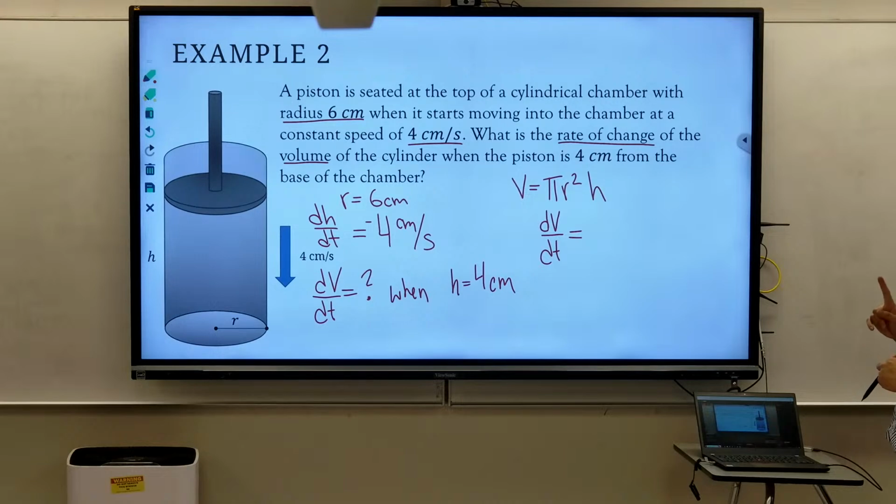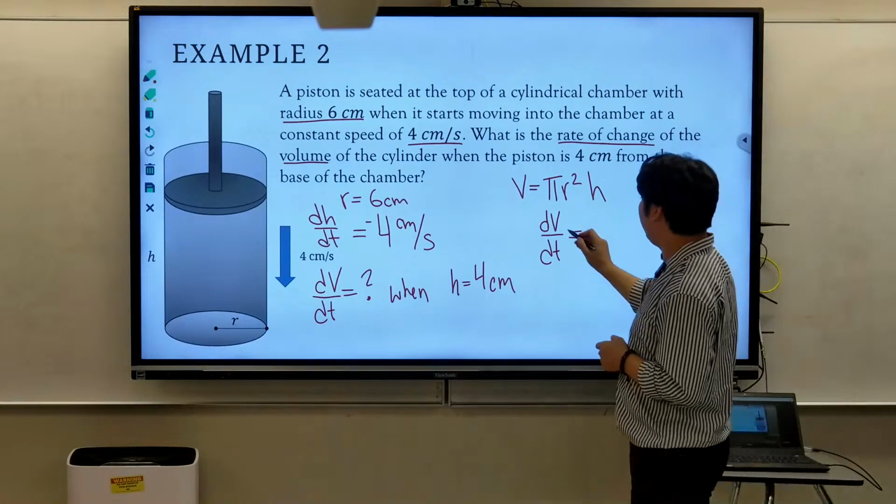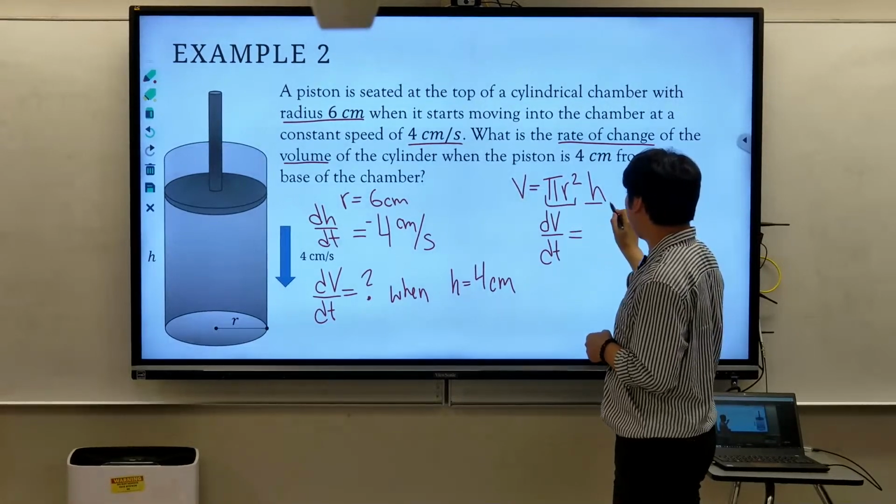Well, we do have to be a little bit careful. First thing, on the left, derivative of V, we should write dV/dt on the left. I have pi r squared times the height. Do I know anything about taking the derivative of something times something? We have a special rule for that. Yes, product rule. It's a product, so if I want the derivative of a product, I need the product rule. As a reminder, I can label this as my first, and then this is my second.